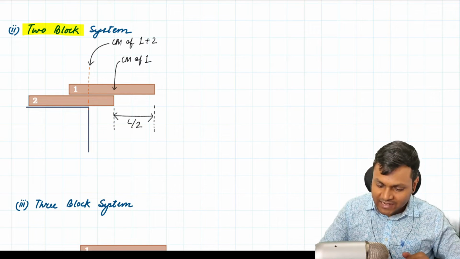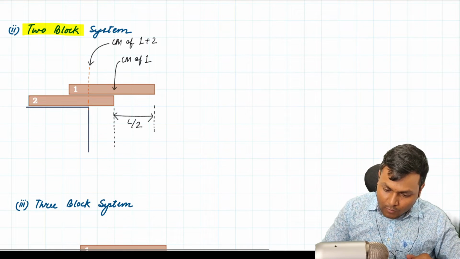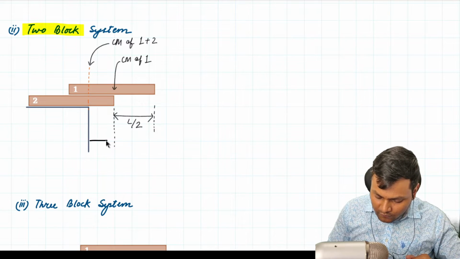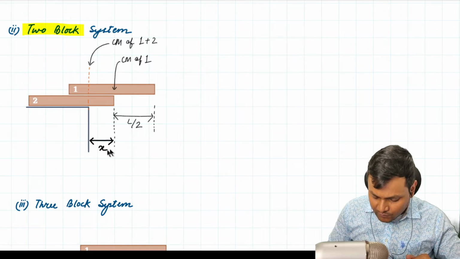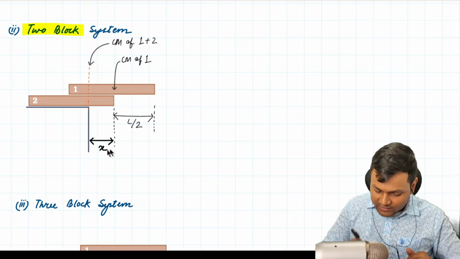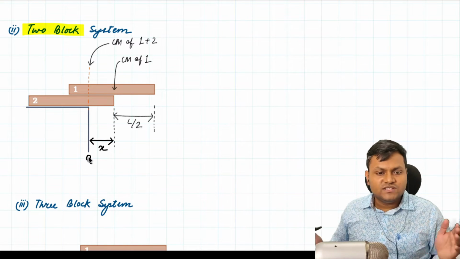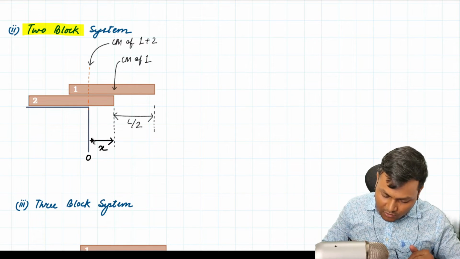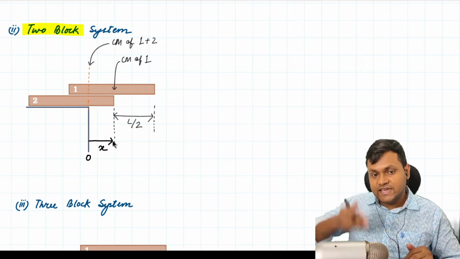Let's suppose in that kind of a situation, the distance of block 2 from the edge is given by x. So I'm going to consider this particular problem where the edge is at 0, or let's suppose this is the center of this x-axis. If I'm considering this as the x-axis, then this is the center of the x-axis, the edge.